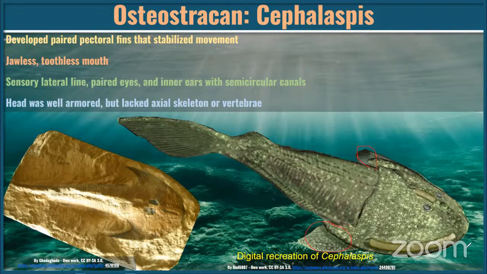It doesn't have a jaw, so it's got this toothless kind of mouth. It has a well-armored head up here at the front, so you can almost think of this as a shell in front. But it doesn't actually have an axial skeleton, it doesn't have vertebrae. Instead, it's got this kind of plate on the outside.